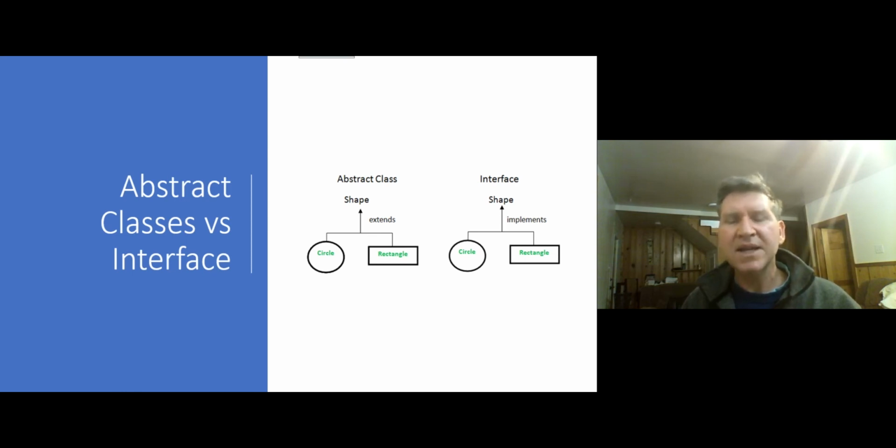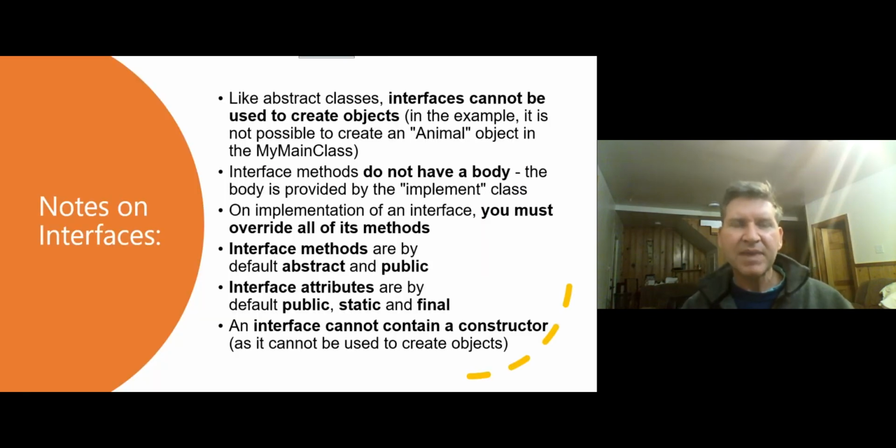So in this second example over there on the right, you see that Shape is our interface and Circle and Rectangle are what we implement using the implements keyword. So why would we use them, or what do they do? Interfaces can't be used to create objects.